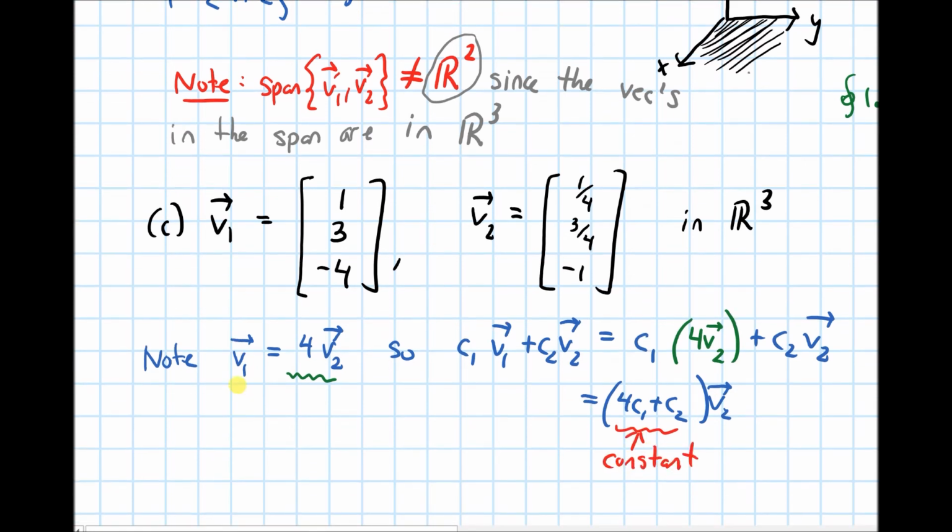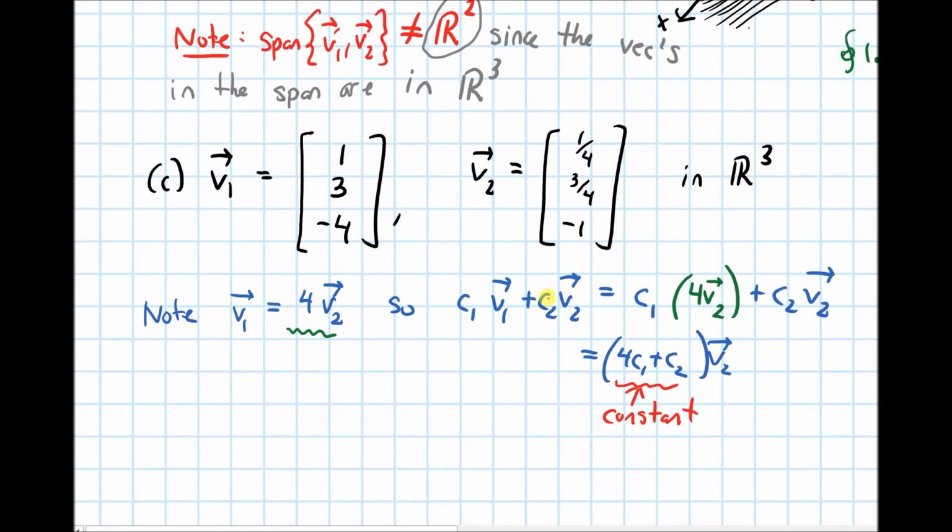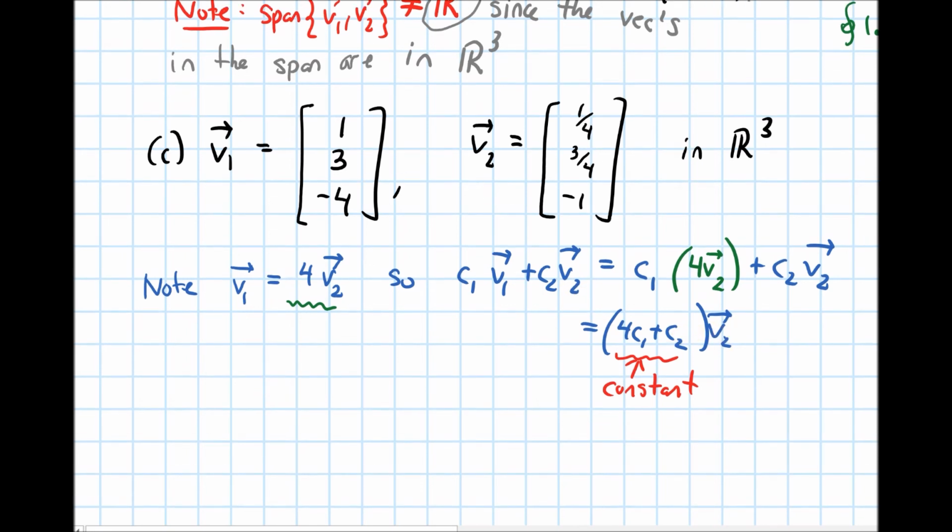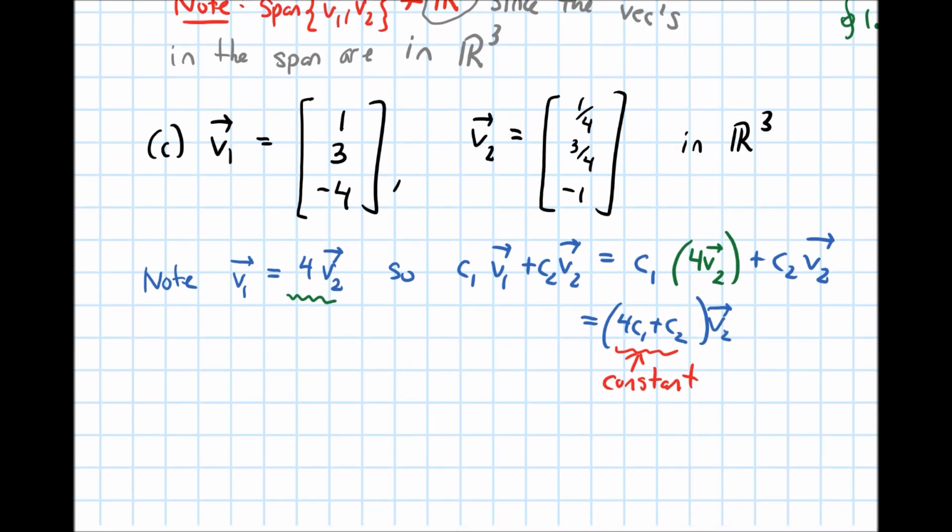So what we're noticing here is when we form any linear combination of our two vectors, it always ends up being just some multiple of v2. So our span, the span of v1 and v2, always ends up being just a multiple of v2.